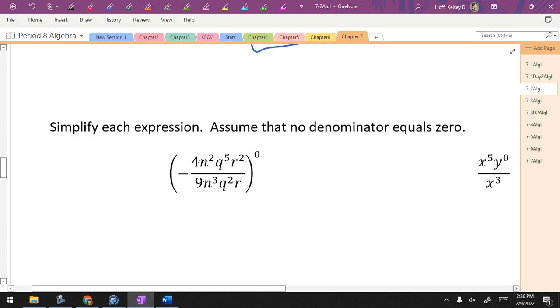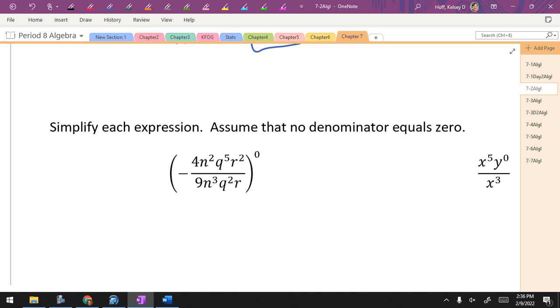Okay. Continuing on, mixing everything together that we know. Negative 4n squared q to the fifth r squared divided by 9n to the third q squared r, all to the 0 power. Where do you want to start? What's that?